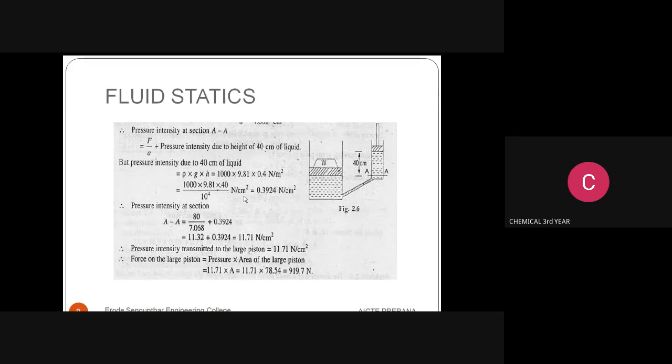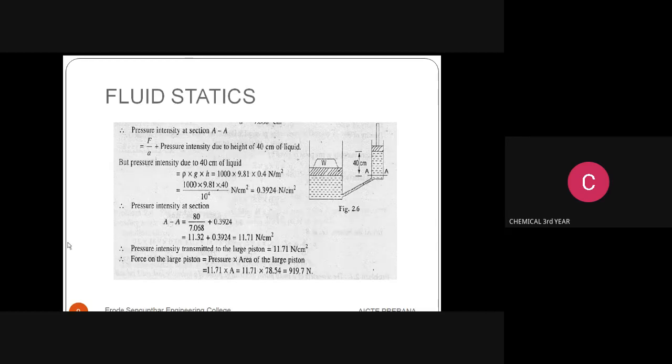You need to add that pressure intensity due to the height of 40 centimeter of the liquid to the pressure intensity on the small piston, that is F by A, 80 by 7.068. So what is the answer? If you have calculated, you will be getting the pressure intensity due to 40 centimeter of the liquid as 0.3924 Newton per centimeter square. So the pressure intensity at the section AA is equal to F by A plus the pressure intensity due to the height of the 40 centimeter of liquid.